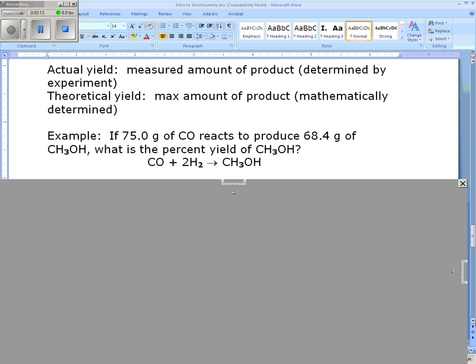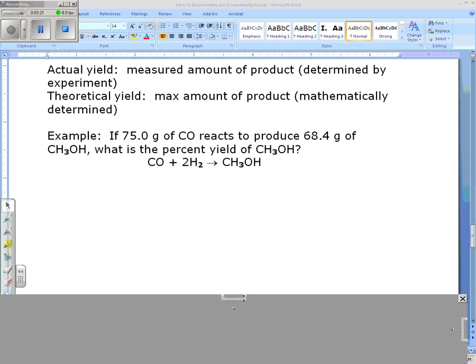So it comes with a reaction, which may or may not be balanced. This one is, but you always check for one. And then we need to take our information out of the word problem and put it into our little map and assign what these are for.